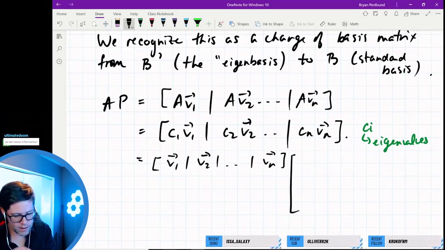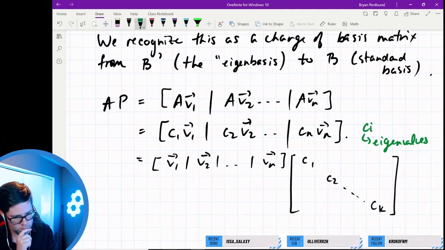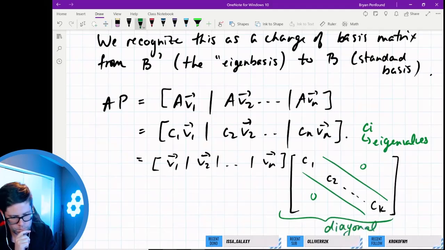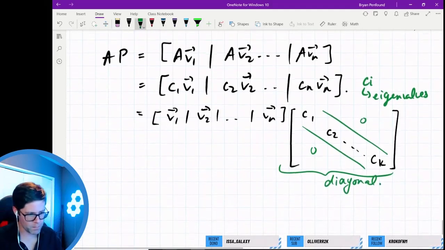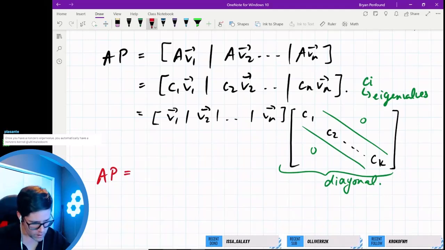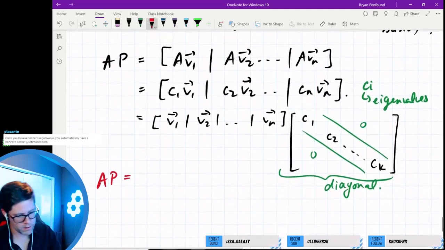And what we get on the right-hand side is a multiplication by what we call a diagonal matrix. Okay, so this is a diagonal matrix. All of the other entries off the main diagonal are 0. Okay, so A times P. So basically we have A times P is equal to P times D, right? Where D is some diagonal matrix.